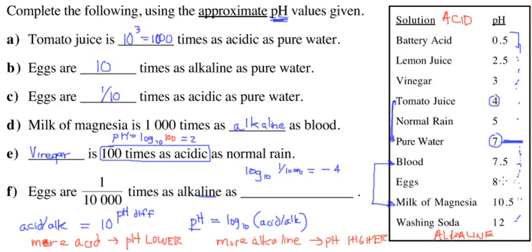What has a pH 4 steps higher than eggs? I say higher because we're going in the more alkaline direction. Starting from 8, we go up 4, we end up at a pH of 12. They must be talking about washing soda. Eggs are a little bit alkaline. Washing soda is extremely alkaline. All right. Pretty weird, huh?